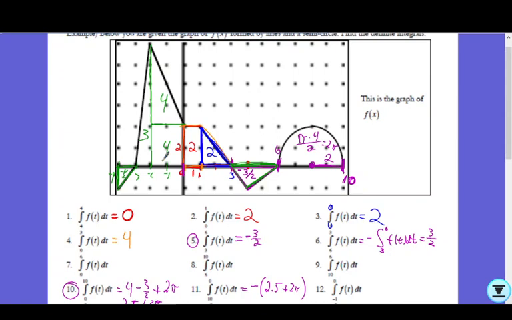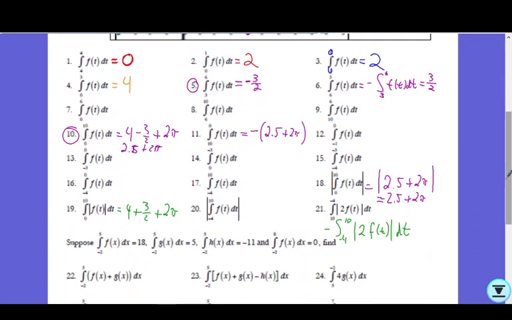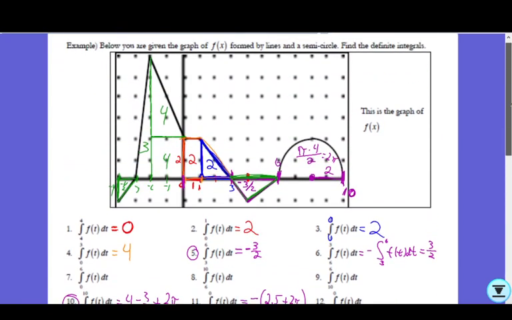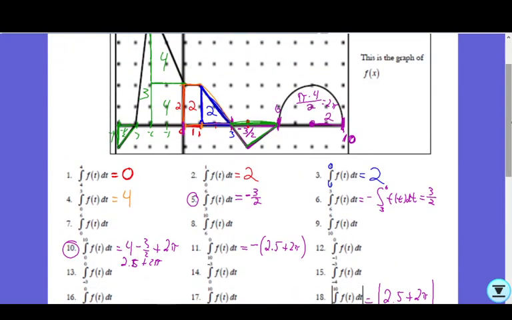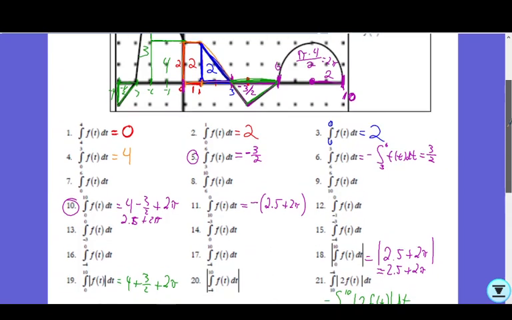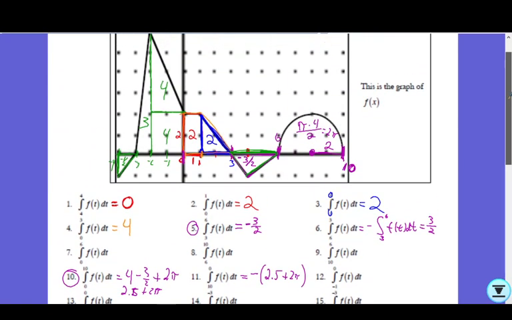So we have to find the total area of all of these things. So that's what we just did. From negative 4 to negative 3 is negative 1/2. From negative 3 to negative 2 is 3. From negative 2 to 0 is a total of 8. Now, it says 2 times these numbers. So basically, to do this one, we've got to take each area and multiply it by 2.